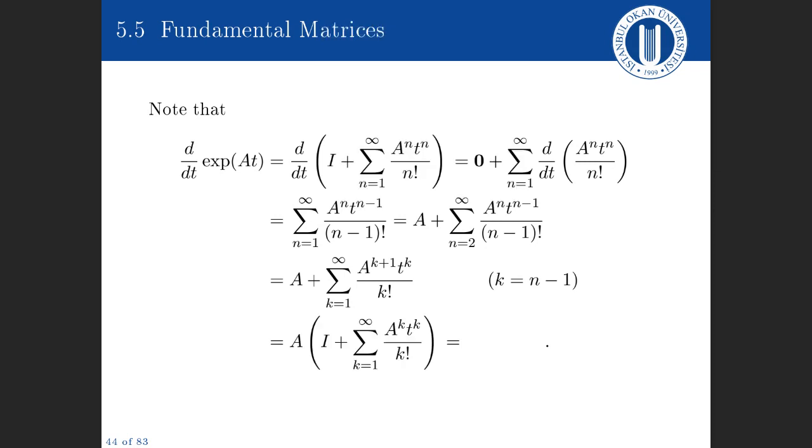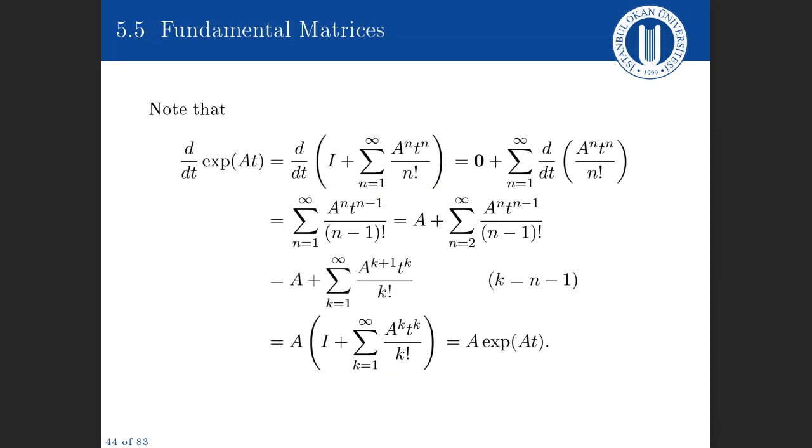Take a factor of A out, and it's A multiplied by open bracket, identity matrix plus the power series starting at k equal to 1, A to the power k, t to the power k over k factorial. And what's this in the bracket? This is exactly what we started with. We just have capital A multiplied by the exponential of A t.